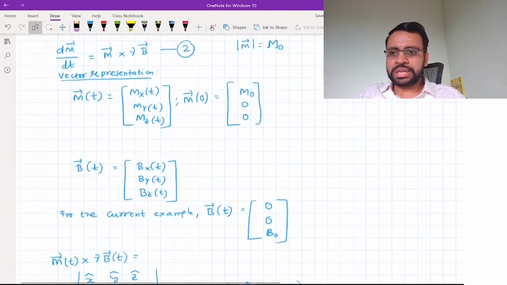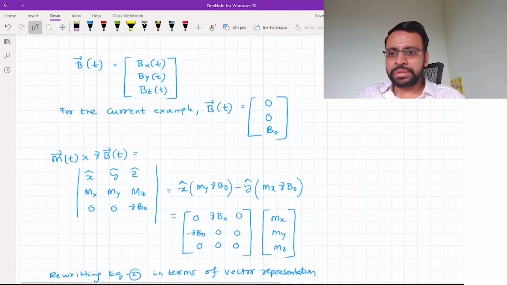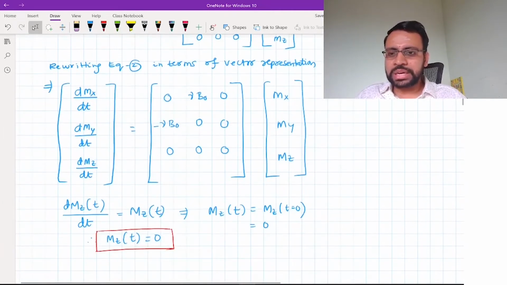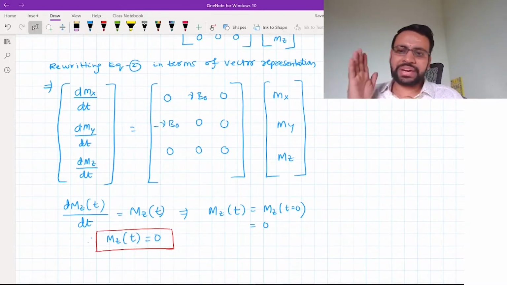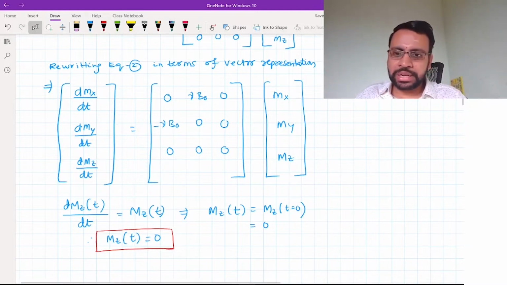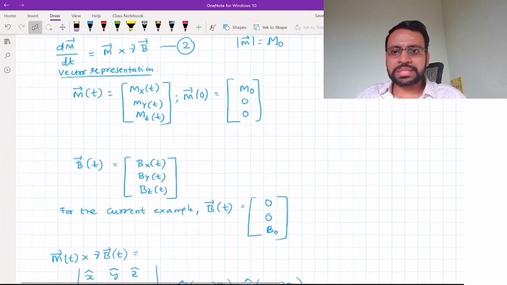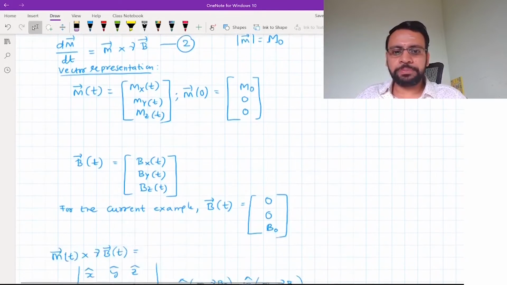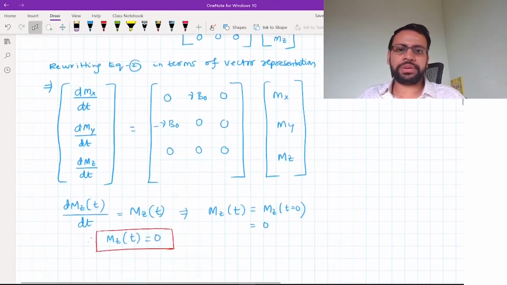Now you come back here. dM bar by dt is basically dMx by dt into x bar, right? You are taking that component of the left hand side in the x direction as dMx by dt. Similarly dMy by dt and dMz by dt, this is equivalent to, you are going to replace this cross product here with the multiplication of vectors that you got here, right?